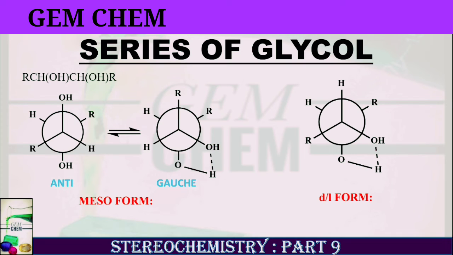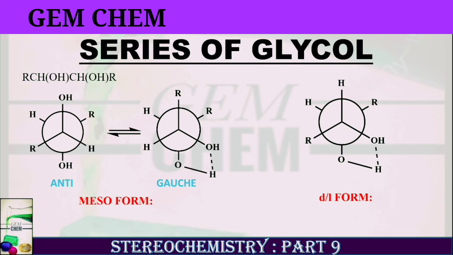Compounds in their gauche conformation appear to be more stable in the liquid state than when they are anti, even though hydrogen bonding plays no part. To summarize, in the meso form hydrogen bonding is occurring, but at the cost of an increase in steric bulk. When the two OH groups come closer to each other, the methyl groups also come closer to each other.